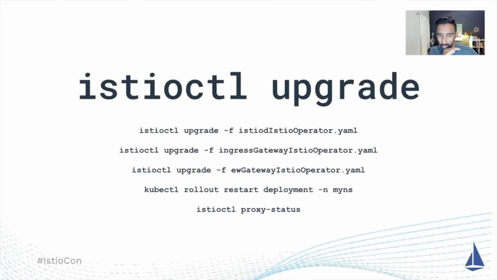So you update your control plane first, which is the first command. Then you update any of your ingress gateways or egress gateways or east-west gateways, etc. And then you update your workloads, and then you run the proxy status command to make sure that all of your workloads are now using the new Istio version.